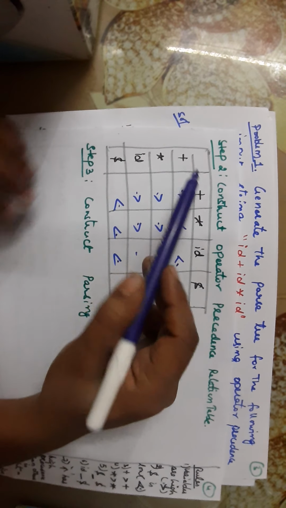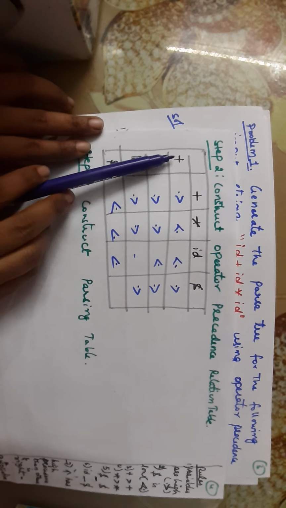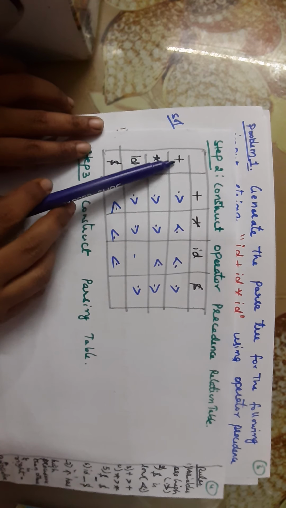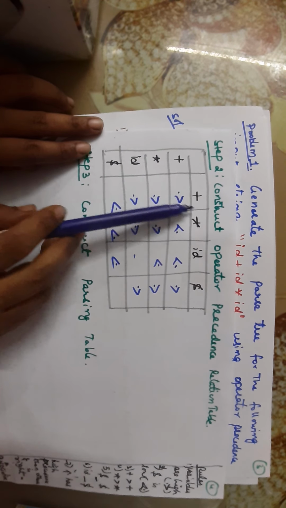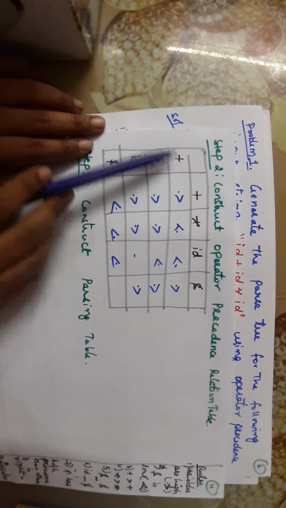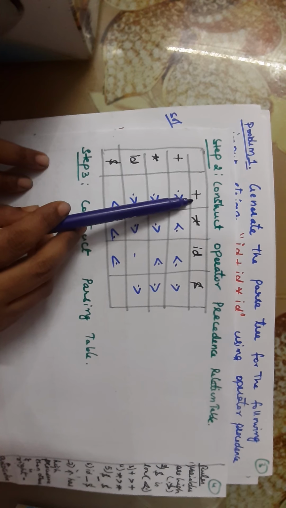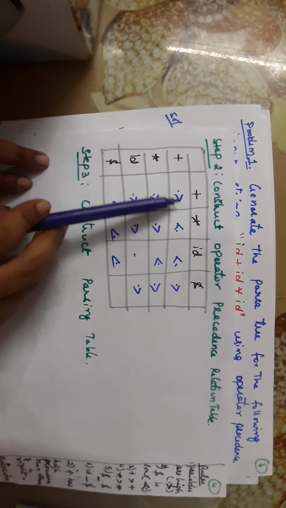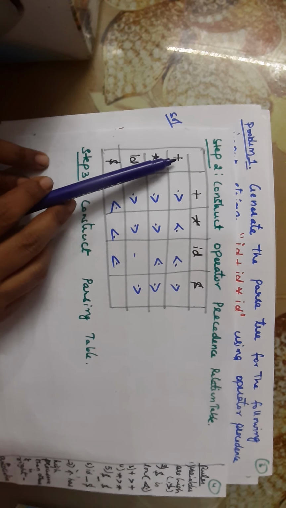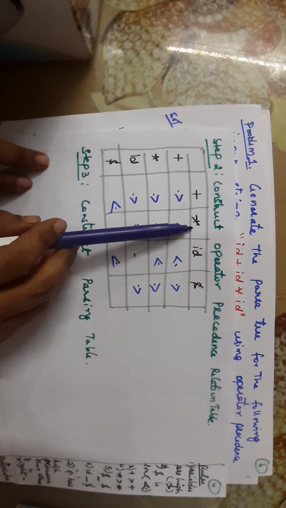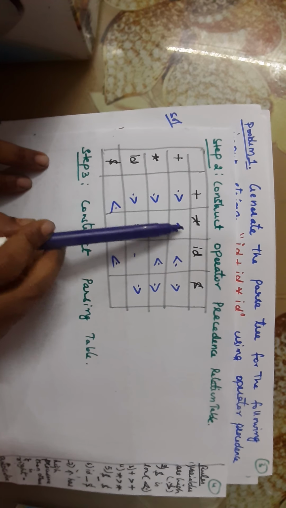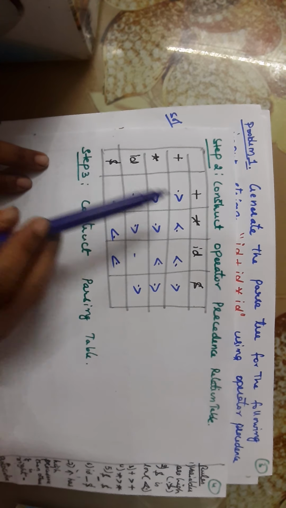The row place is considered the leftmost operator and the column place is considered the rightmost. This is the left side and this is the right side. So the left plus is always greater than the right plus, whether it is any type of arithmetic operator. That's why we write greater than. And plus has less preference when compared to star, the multiplication operator, so we have the less than symbol with the dot.